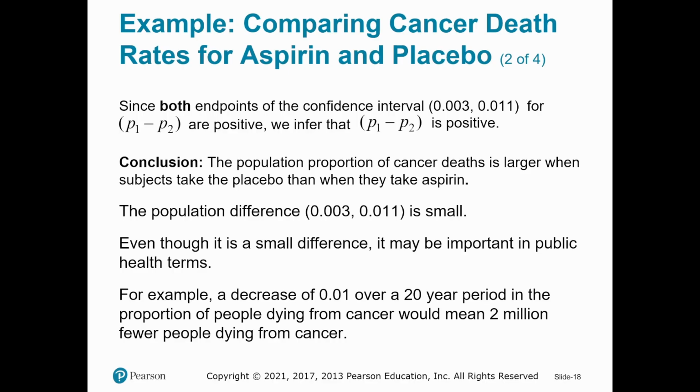When you look at it on the individual level, you have to have some intelligence in interpreting those results. For example, a decrease of 1% over a 20-year period in the proportion of people dying from cancer would mean 2 million fewer people dying from cancer. So if you're dealing with a lot of people, a small difference can be meaningful.